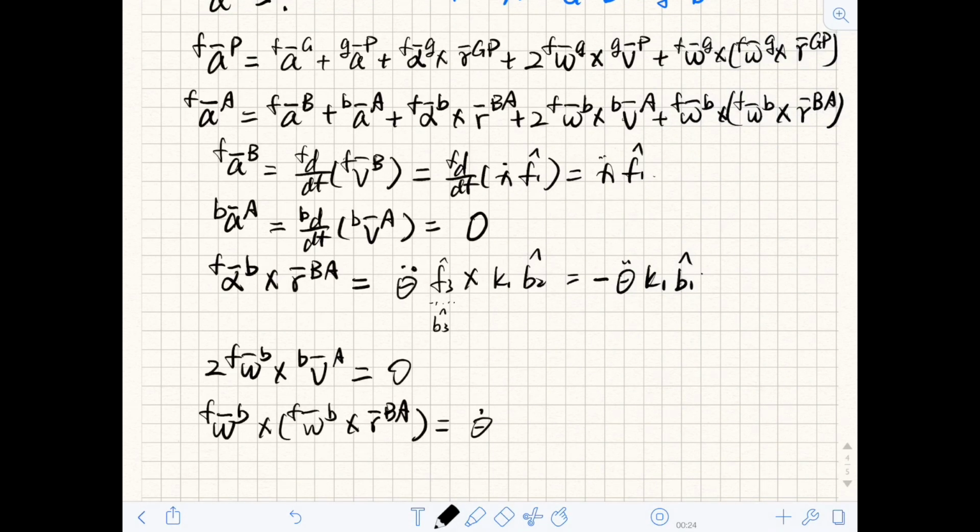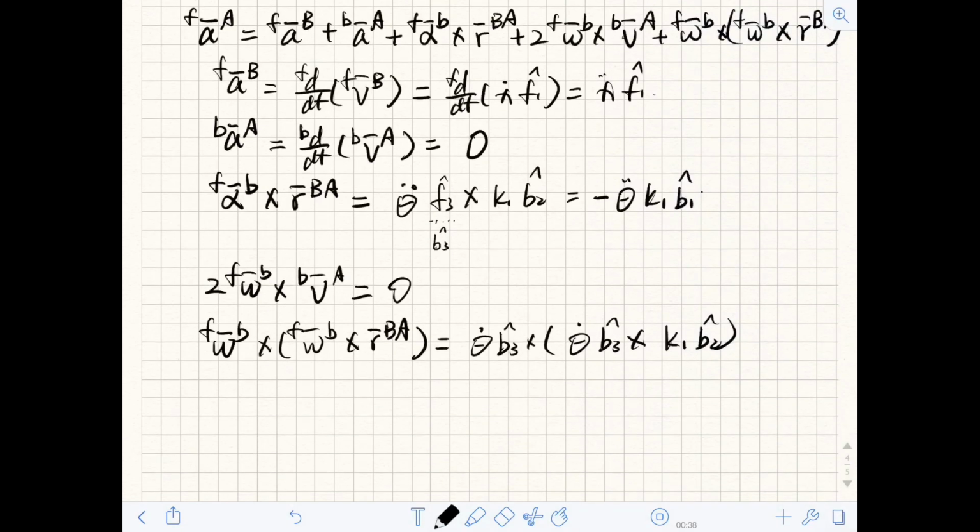We'll have theta dot B3 cross theta dot B3 cross the position vector from B to A, which is K1 B2. And we'll get theta dot squared K1 in the B2 direction.